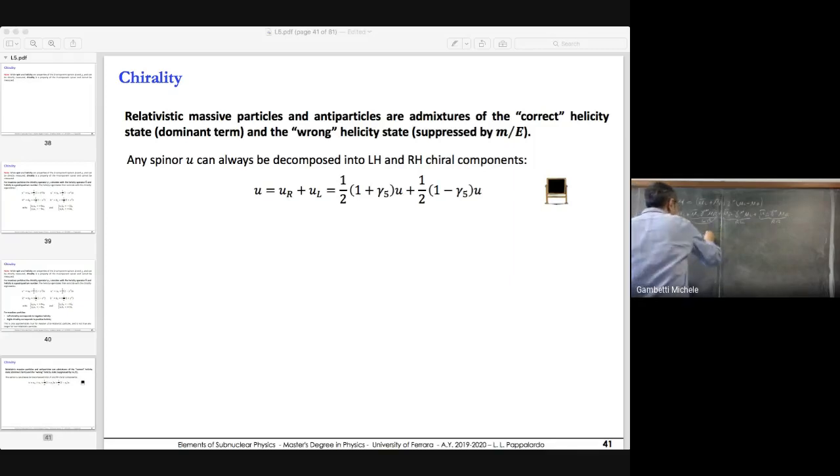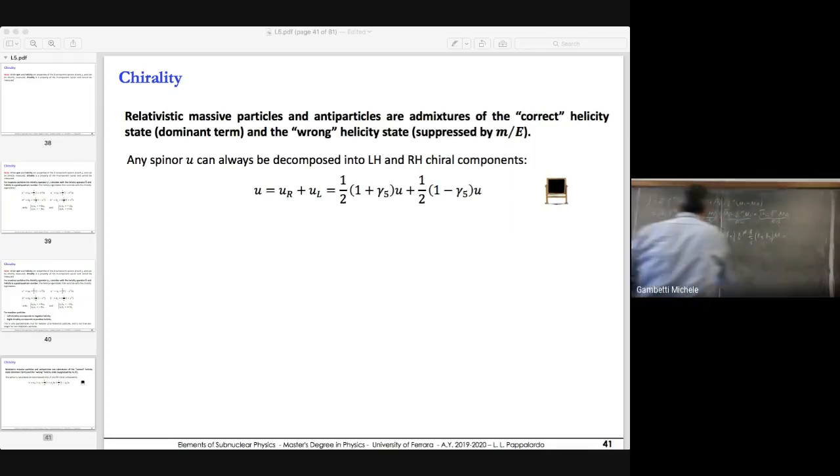So this is u-bar 1/2 (1 plus gamma 5), then we have gamma mu, and then we have 1/2 (1 plus gamma 5) u. Let me remind you that if you have a right spinor, you have to use the right projection operator, but if you have a left adjoint spinor, you have to use the opposite: the right projection operator to get a left-handed adjoint spinor.